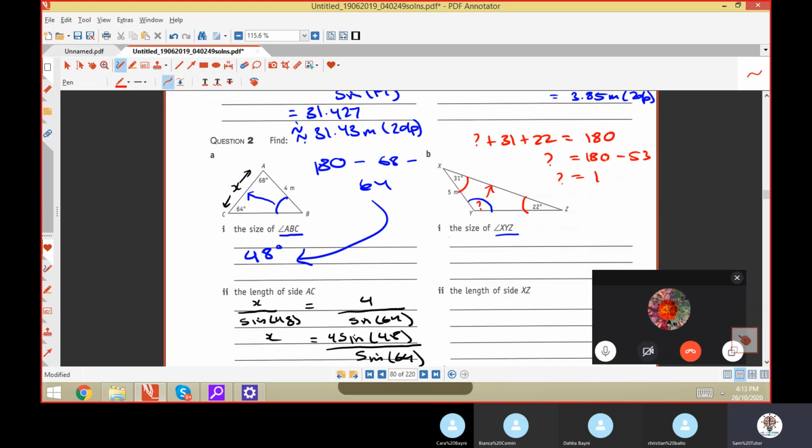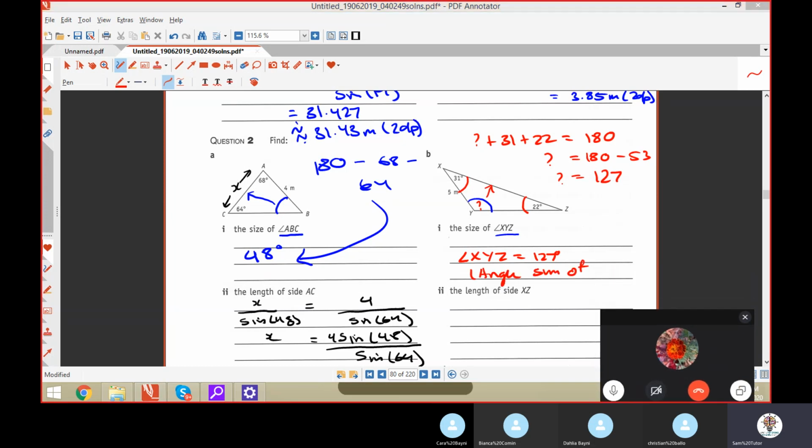What is that? Trust the calculator. 127. Any issues with that? No, that's just geometry, right? So the answer for angle XYZ is 127. That's the reason: angle sum of triangle.